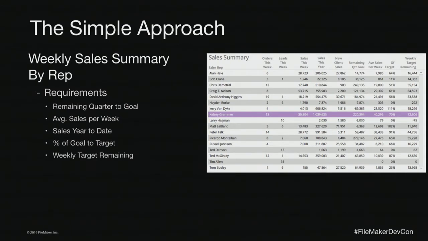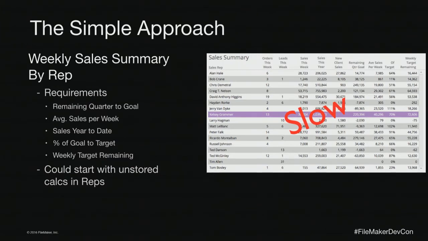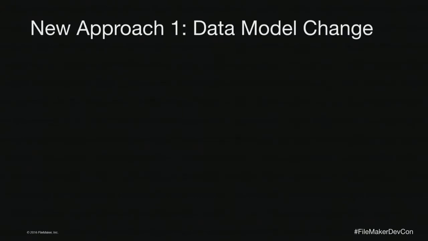Now, all of these are deriving off of a number of calculations largely based on order totals. And so even though the number of calculations have to be driven, if we could simply store a couple of those, we could then do calculations off of those stored values to dramatically improve performance. And I said earlier, you could start with unstored calcs in, let's say you have a reps table, and you could go in there and create some unstored calcs there, and then some unstored calcs off of those calcs. That's slow. It's not going to work well. So we're going to look at the data model approach first.